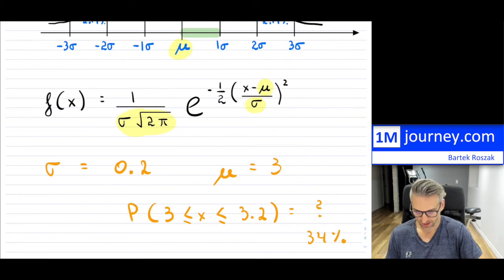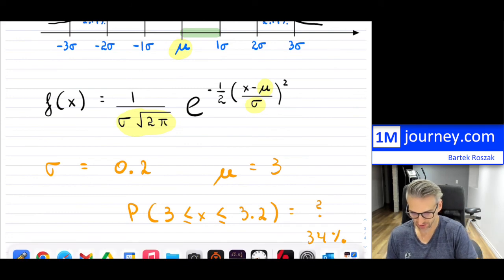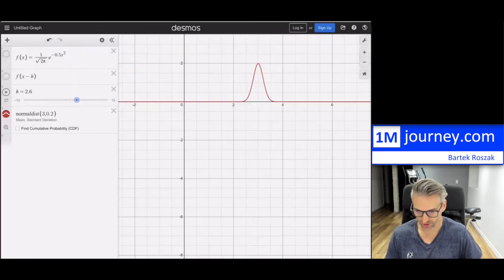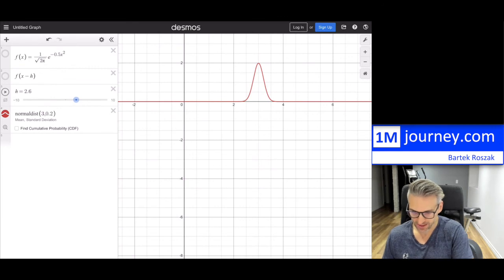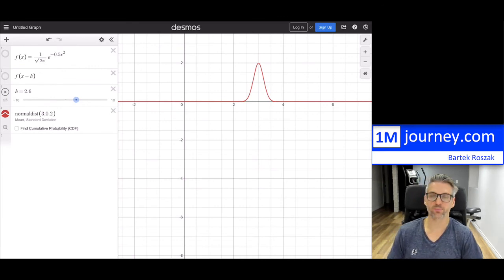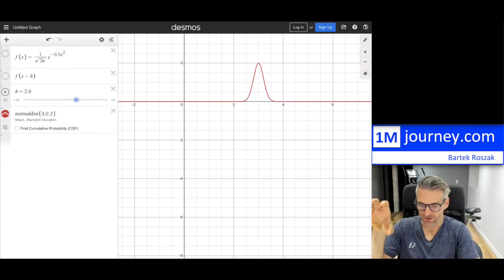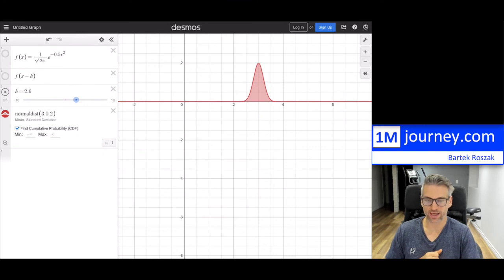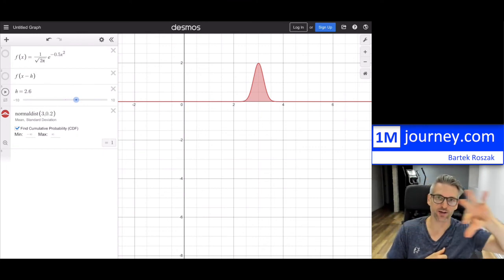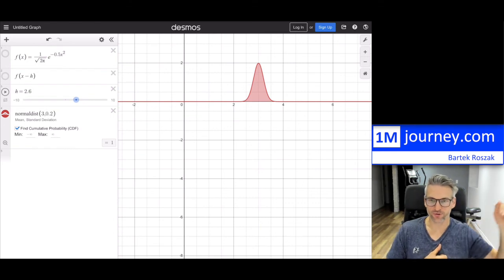Again, I'm not going to calculate the area under the curve in here, but you notice there that it says find cumulative probability in that normal distribution. So I'm going to click that. And now it gives me a number equal to 1 because it has taken the entire area under the whole curve.